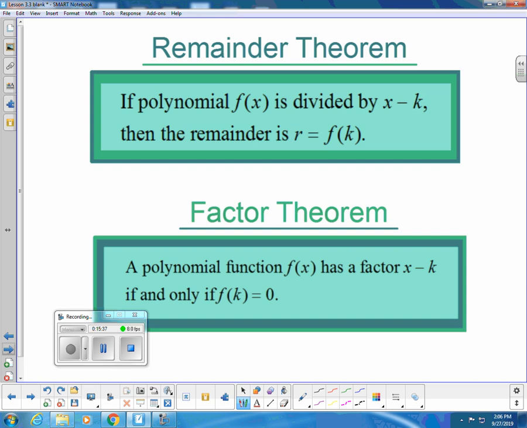So when something divides in evenly, it's considered a factor. So if I get a factor and I set it equal to 0 and I find that box number and I plug it in and I see a remainder of 0, that tells me this guy is actually a factor of the polynomial that I'm dividing into. So that's an important thing. Okay?